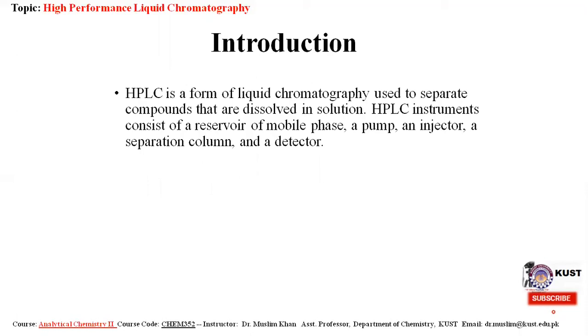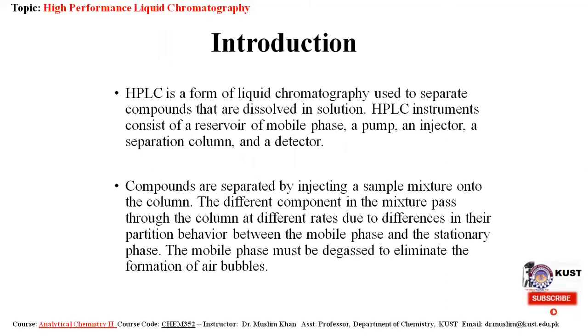So an HPLC instrument consists of a reservoir of mobile phase, and this mobile phase is pumped by a high pressure pump, and then an injector which can inject the sample, and this sample along with the mobile phase passes through a separation column, and the different components which are eluting from the column are detected by detectors.